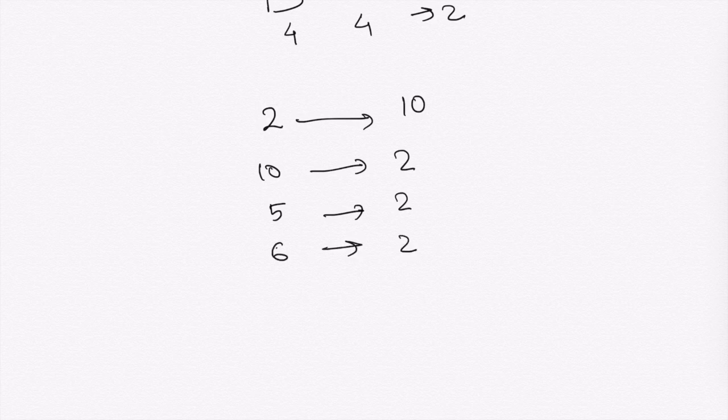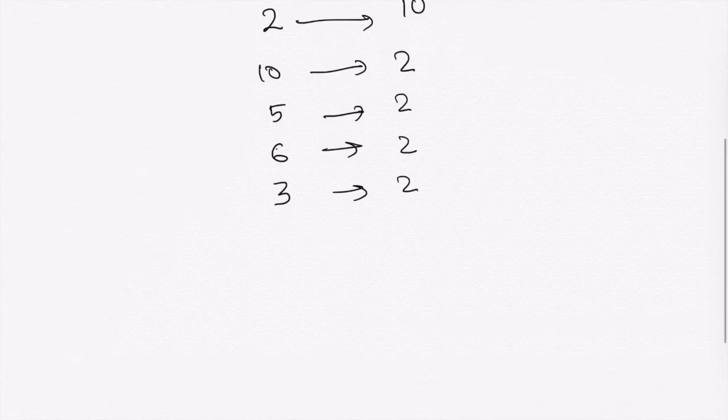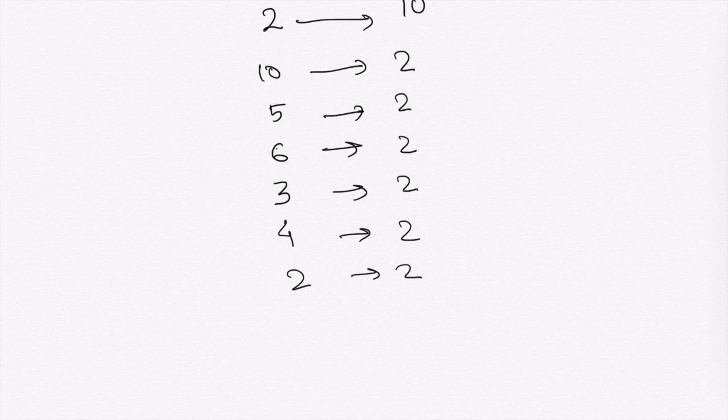Now we divide it by 2, so this becomes 3. Because 3 is odd, we increase it by 1, it becomes 4, and finally we divide it by 2, it becomes 2. The number of steps that we took was 1, 2, 3, 4, 5.